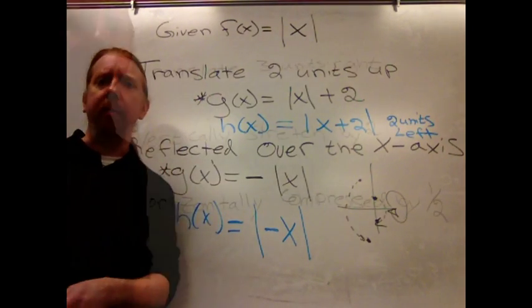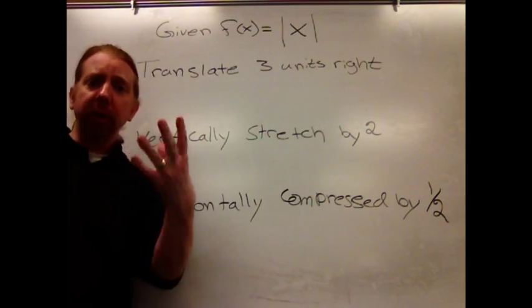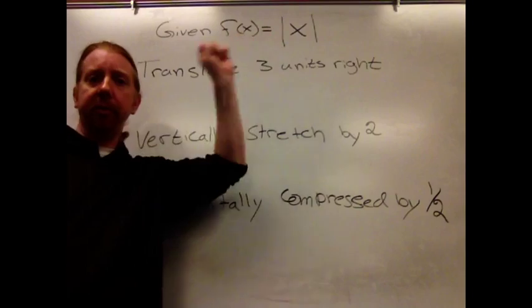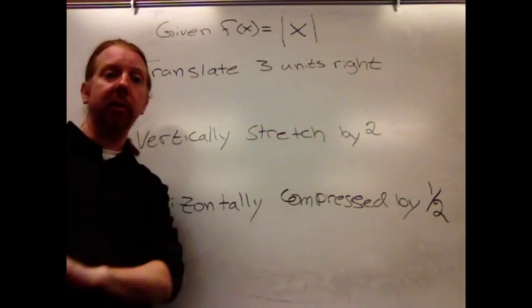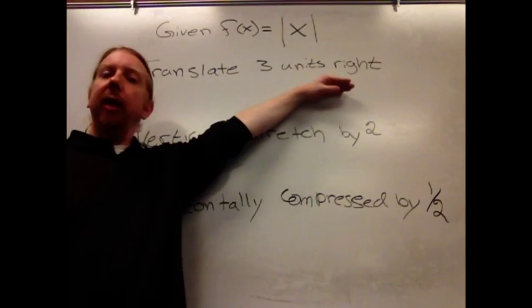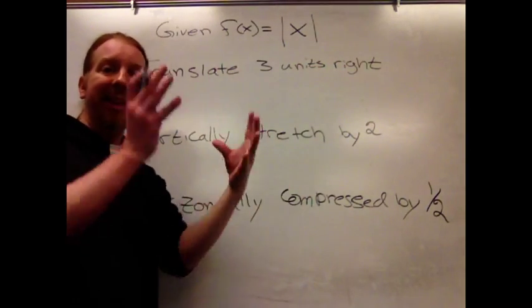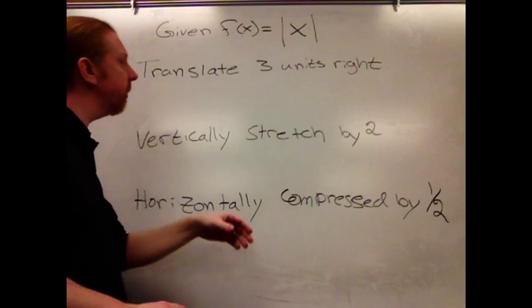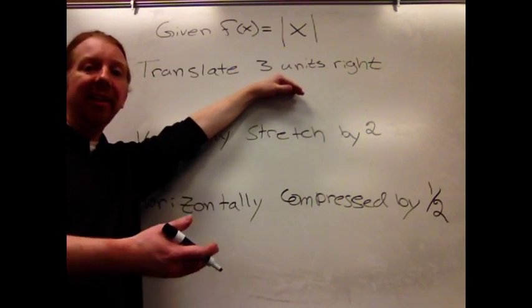Let's look at a couple more examples. Our next set of samples, we're still again working with the absolute value of x. It's going to ask us to translate 3 units to the right. Now, right-left, that's a horizontal change. Horizontal changes happen inside the function itself, whereas up-down are vertical changes, they happen outside the function.